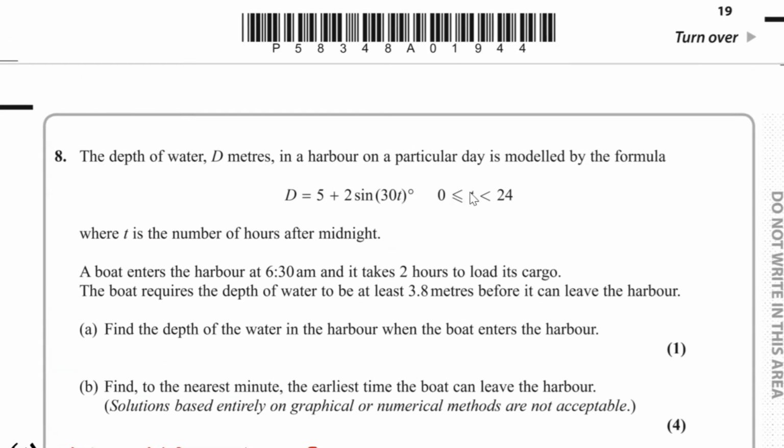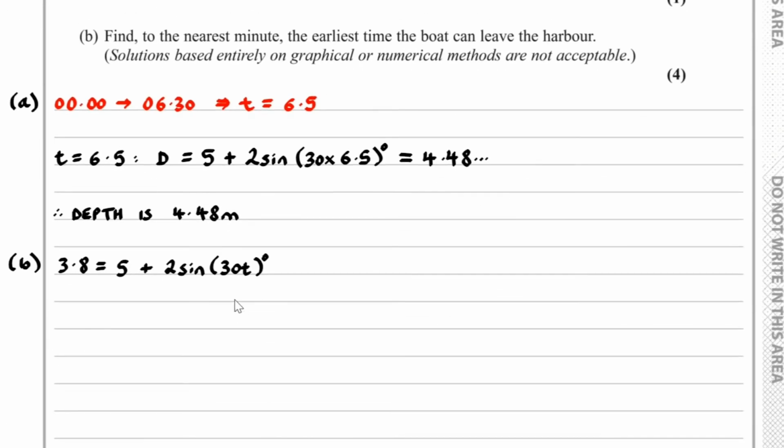Our domain is between 0 and 24, and if I change the domain, the new domain would be 0 less than or equal to 30t, which is less than 720, and we've got degrees here. So if I attempt to solve, I've got minus 1.2 equals 2 sine of 30t degrees.